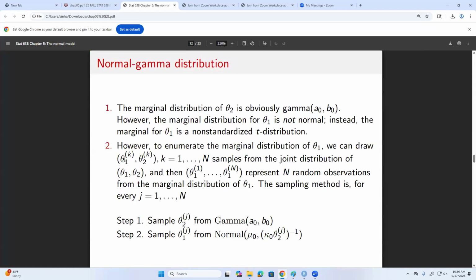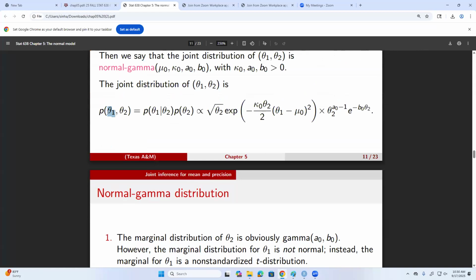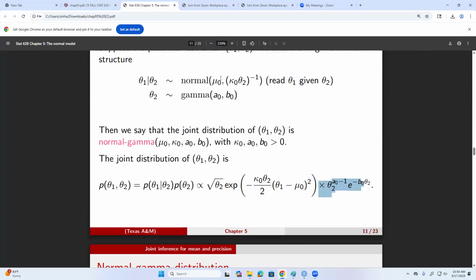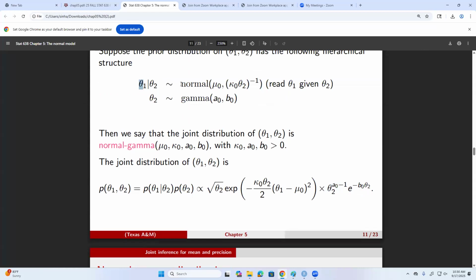Now, how do you draw from this joint distribution? In order to draw from the joint distribution, first we sample an observation theta 2 from this gamma distribution. Given theta 2, we sample theta 1 from this normal distribution.